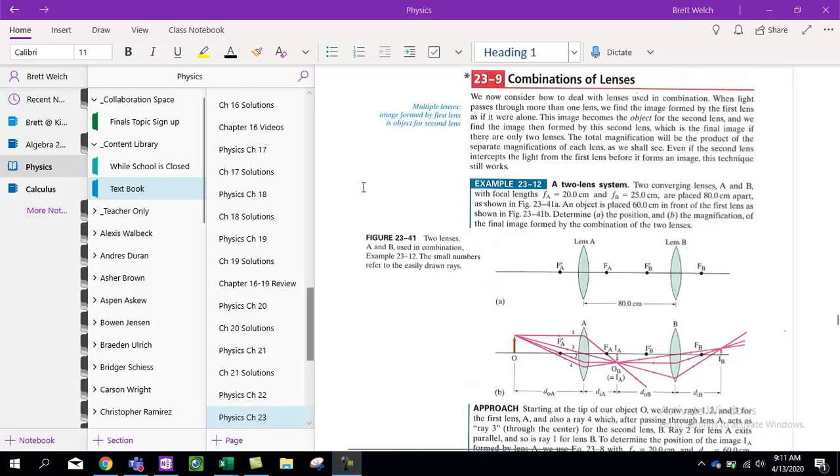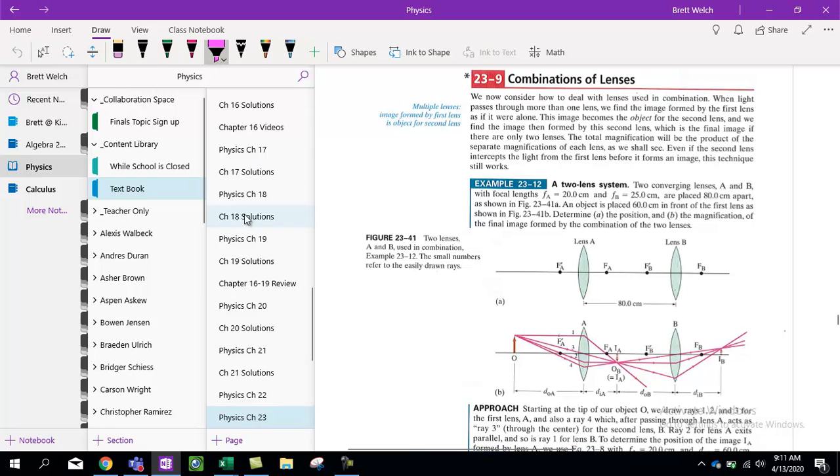So real quick, a couple of things we want to point out. When we're dealing with multiple lenses, what's really important is that if we create our first image right here, so here's our image from the first object, it goes through the first lens. Great. The image distance is the distance from the first lens to our image.